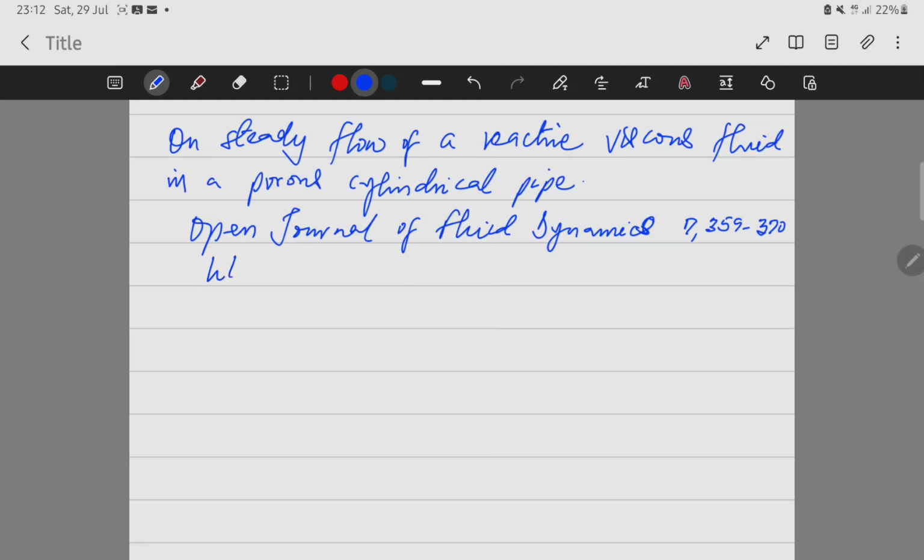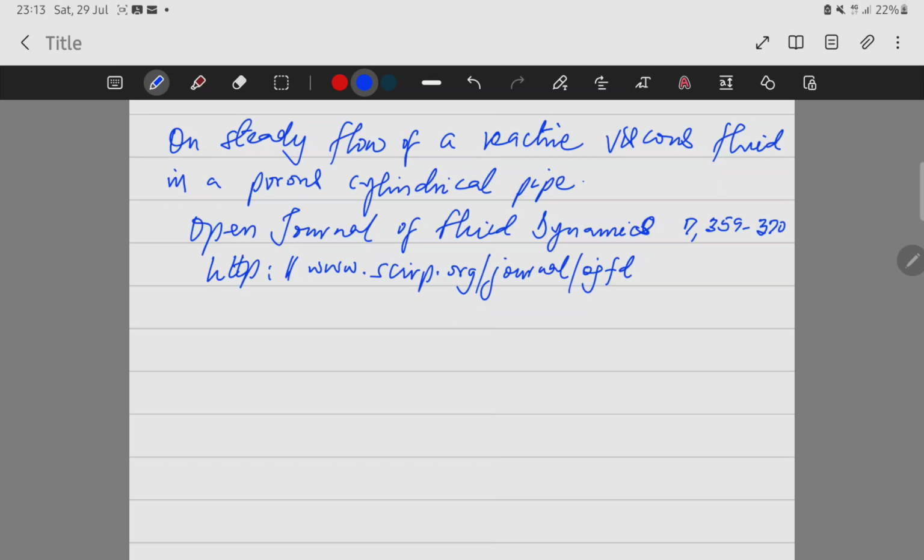The address is www.script.org/journal/OGFD.